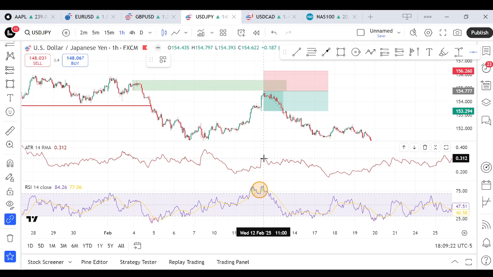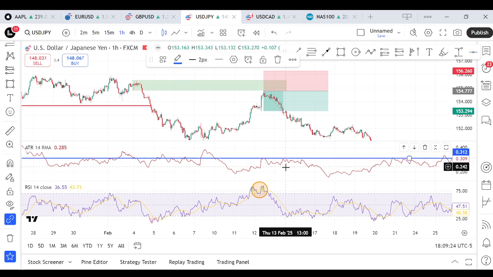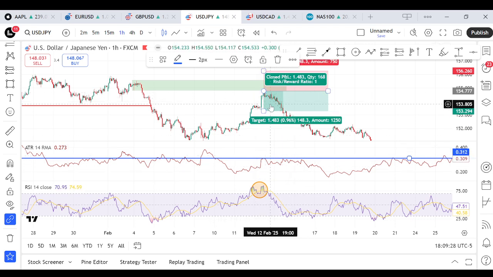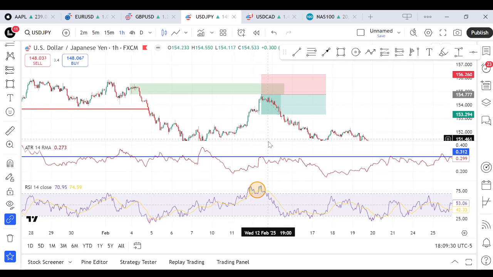So how this is calculated is just look at the current level of the ATR at that point in time. For example, this is 0.312. That is the current ATR value at the time when I was entering this sell trade. And with the 0.312, I'll just multiply that by 1.5 to get my stop loss value.